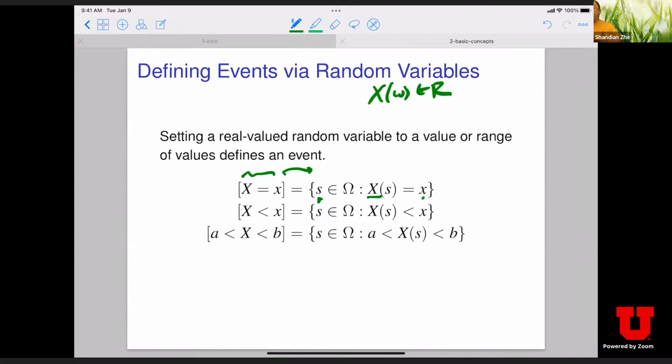When we talk about a range, suppose the random variable big X is less than some value x, that corresponds to another event, a collection of the samples where the random variable value of s is less than x. So different ranges for big X correspond to different events in the probability space.